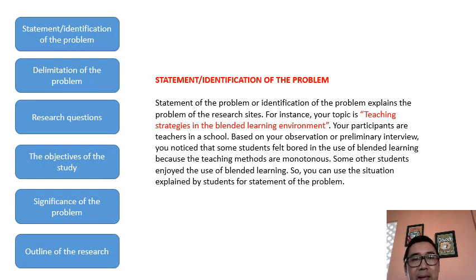Jadi bagian-bagian terakhir dari skripsi, the last part of the skripsi consists of the first is the statement or identification of the problem, the limitation of the problem, research question, the objectives of the study, significance of the research, and outline of the research. Kita mulai satu persatu ya, dari statement atau identification of the problem.